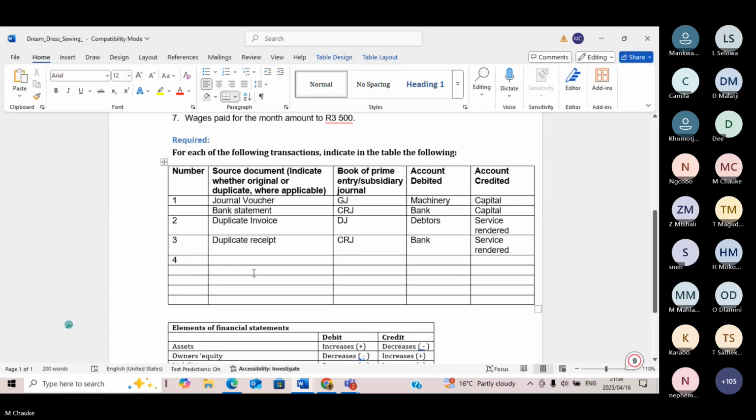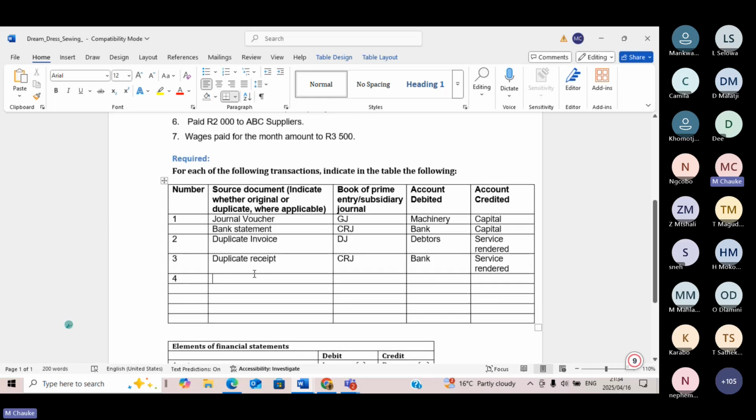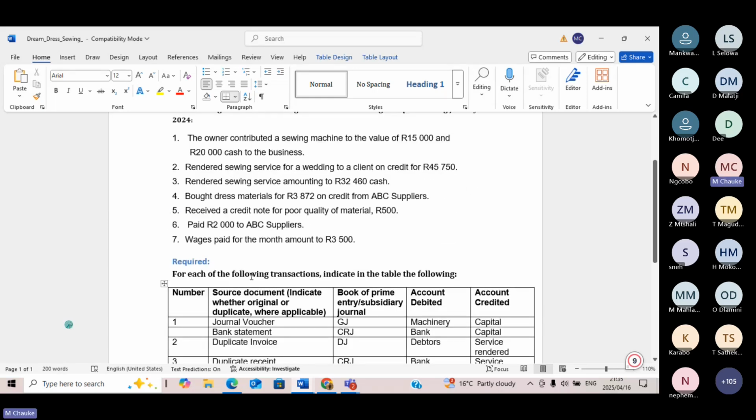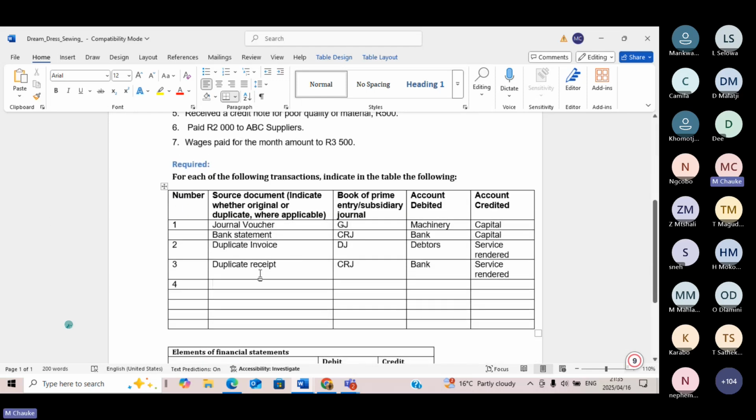No problem. Let's go to transaction number 4. They say: bought materials for 3,872 on credit from ABC supplier. So here you are buying materials on credit.